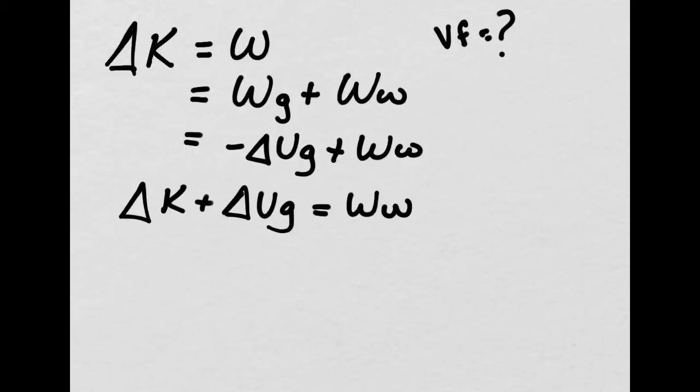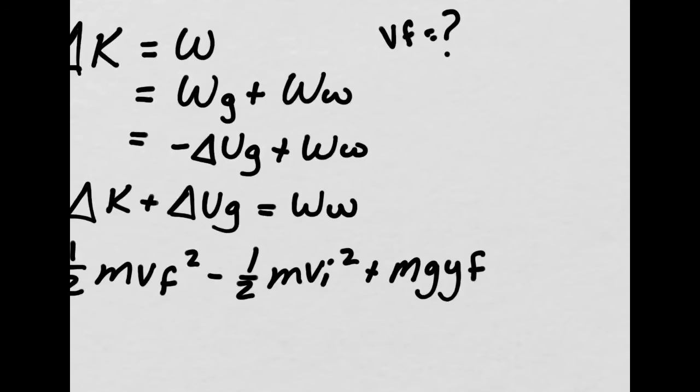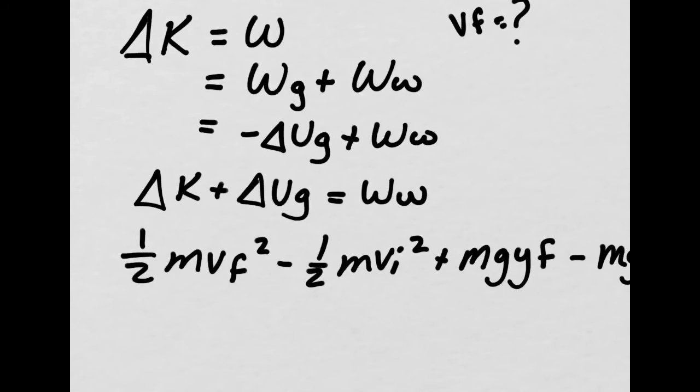So we have our change in kinetic energy. That's 1/2 m V final squared minus 1/2 m V initial squared plus mgy final minus mgy initial. So let's color code.